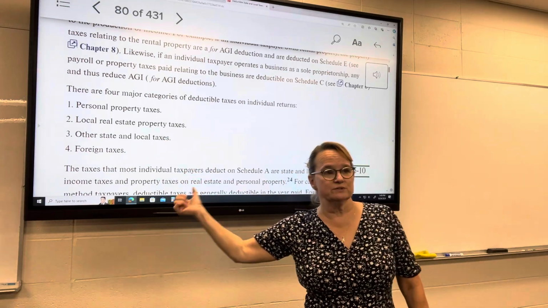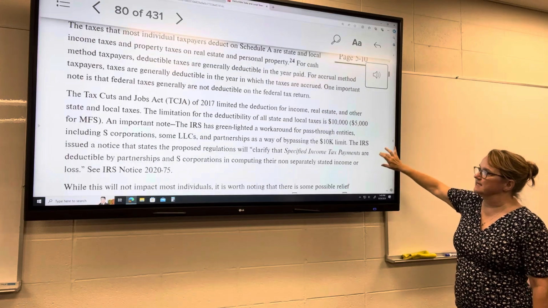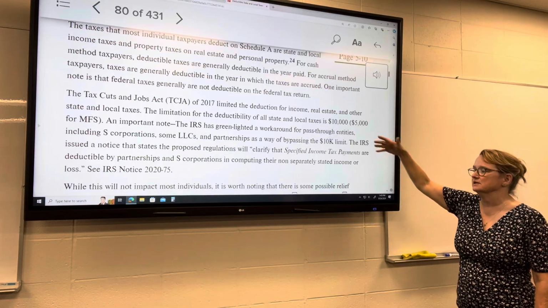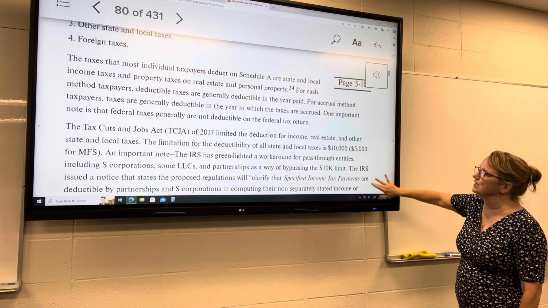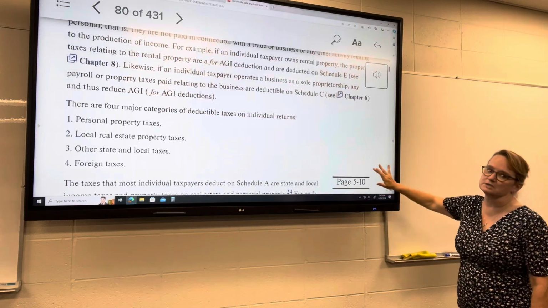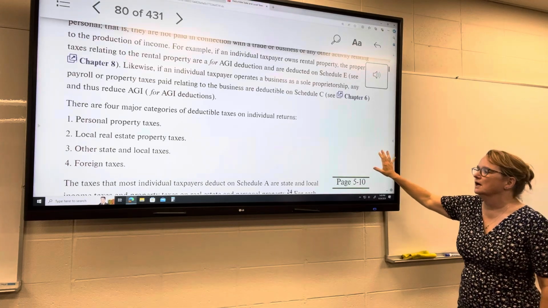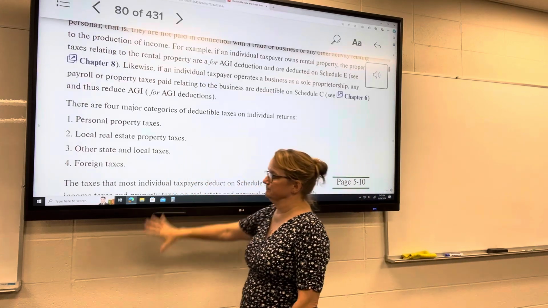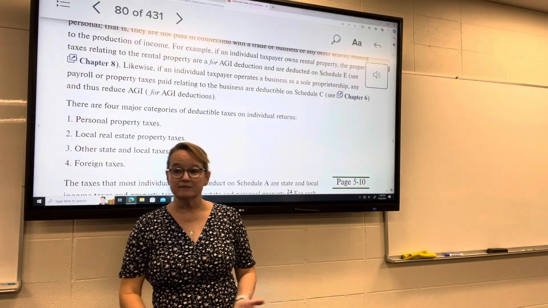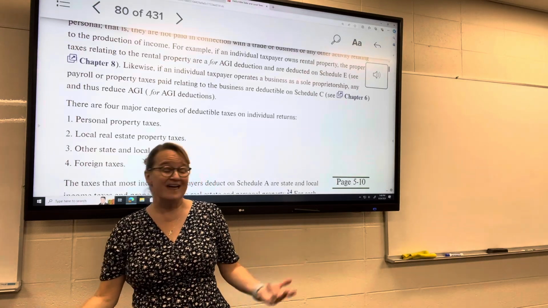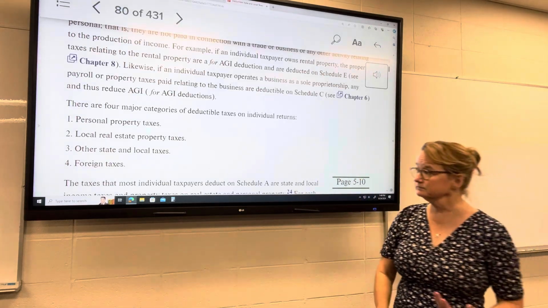That was something new that was also introduced in the Tax Cuts and Jobs Act. I call it reconciliation. Tax Cuts and Jobs Act in 2017. So that changed. It used to be, and this was a highly politicized issue, it used to be there was no limit. Now, if you think about property taxes at all in this country, it all depends upon your jurisdiction. There are some states that don't have property taxes at all, also don't have sales taxes.